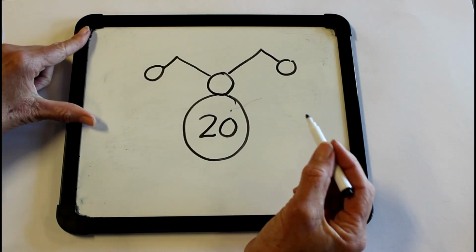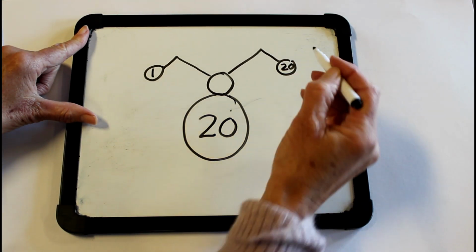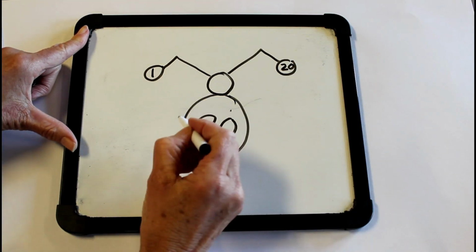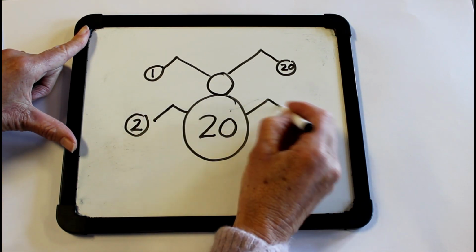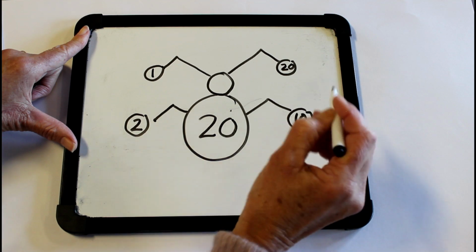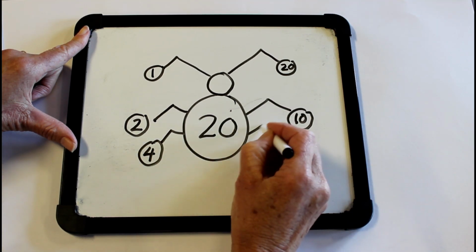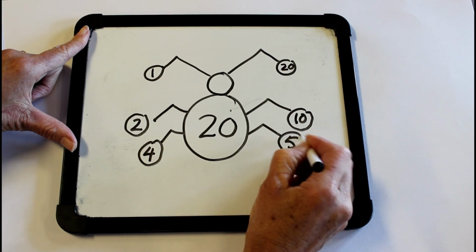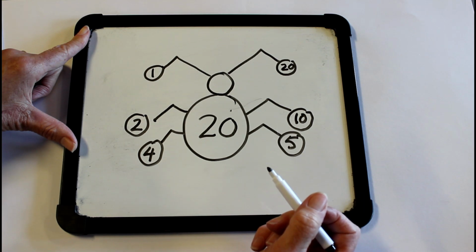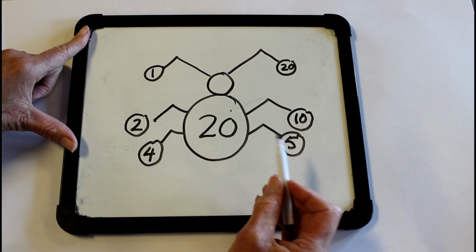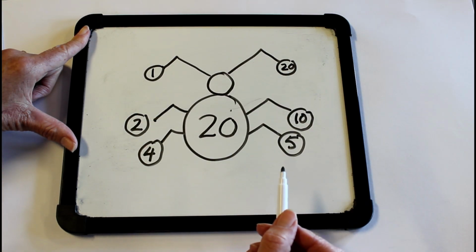So straight away, I know in the antennae I'm going to put 1 and itself. Now let's think about 20. 20 has 2, because 2 tens are 20. It has 4 and 5 because 4 5s are 20. Does it have anything else? Well, it actually doesn't. So this is the factor bug for 20.